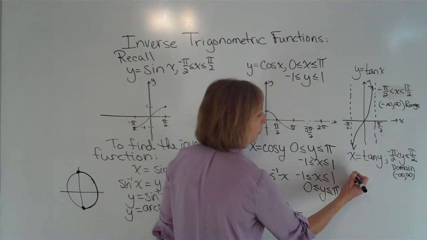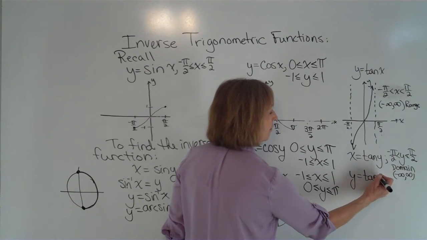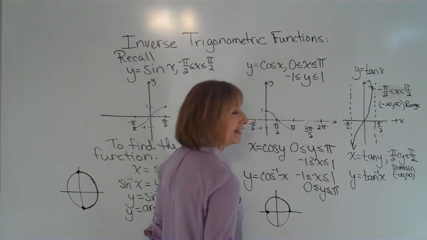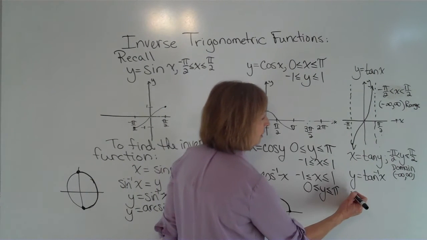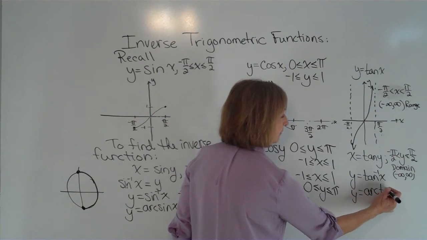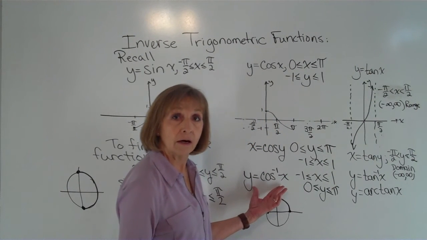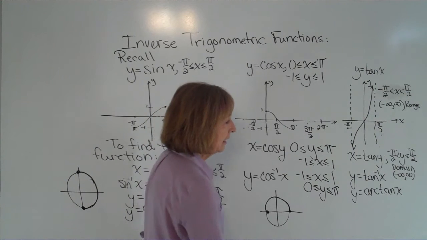And then solving for y, y is equal to inverse tangent of x, or y is equal to arctan of x, whichever notation you want to use. And we could have done that for our arc cosine of x as well.